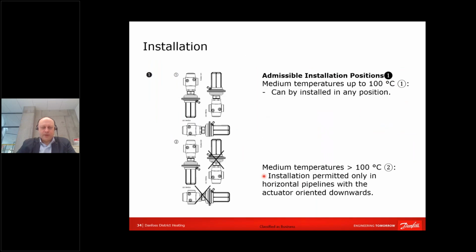Installation. Normally it happens that the differential pressure controller is installed in the wrong position. For example, if you're installing it in the supply line, you shouldn't install it with the membrane facing up, because you will get air gathering inside the membrane, and the pressure controller will control with large oscillation and large fluctuation.